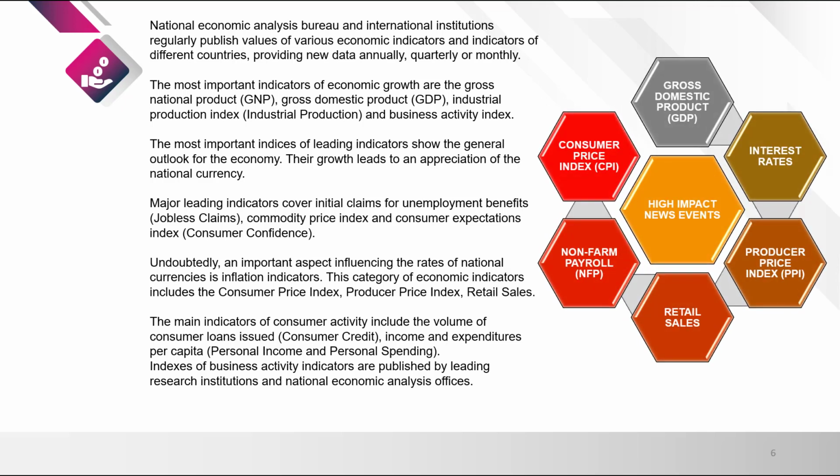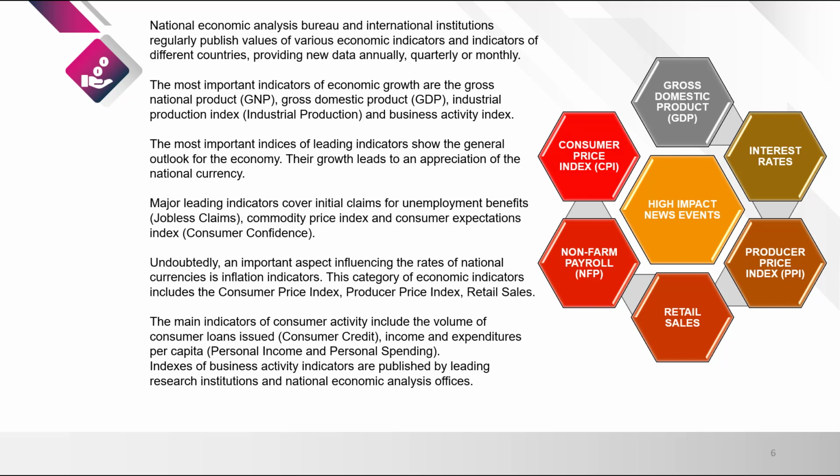So when we are talking of these economic indicators, there are some of them that we classify as high impact news events, which means when the data on these events is released, you're going to see high volatility in the market.